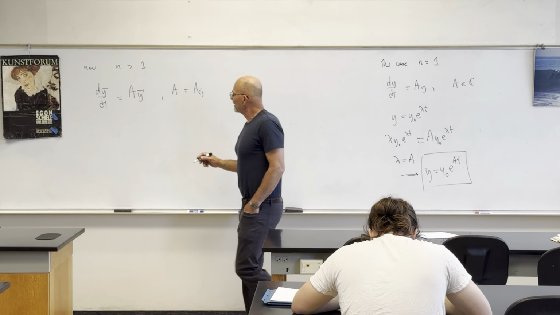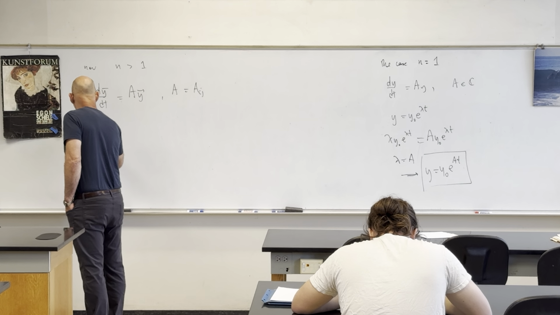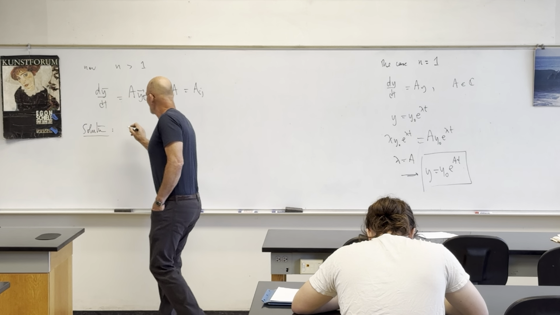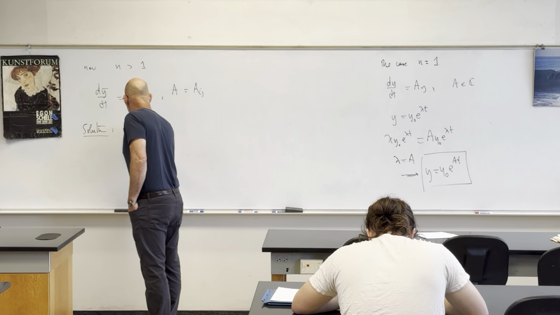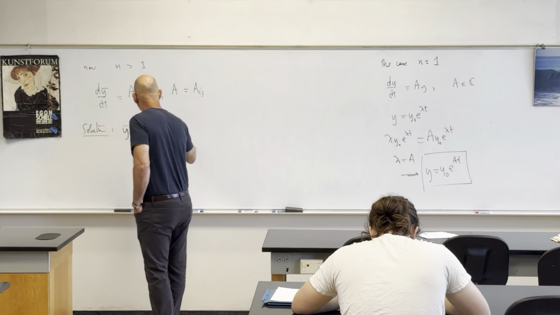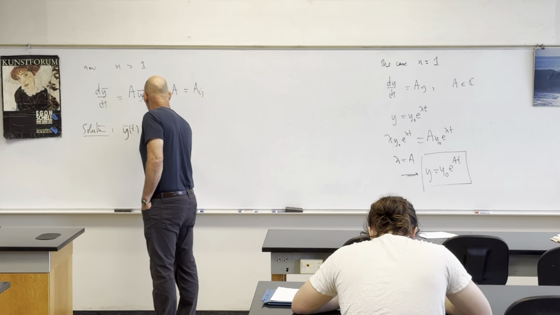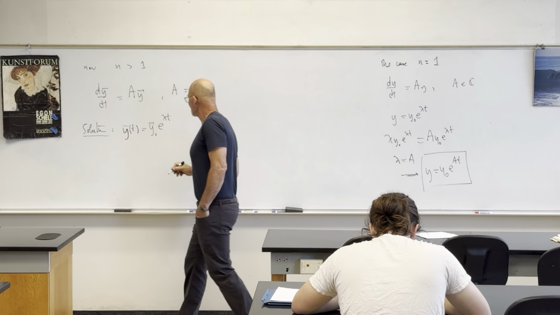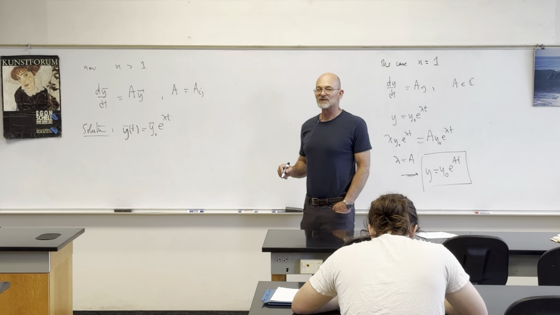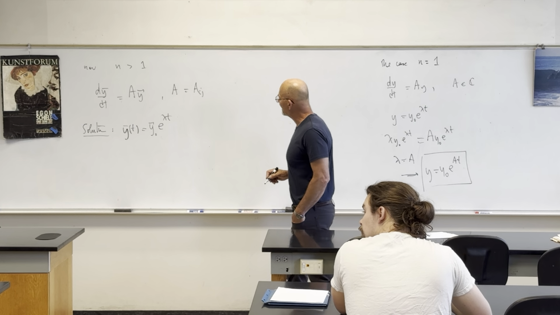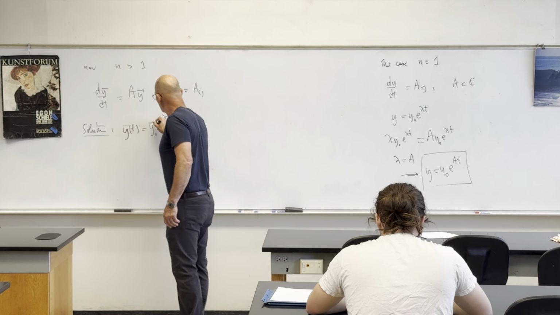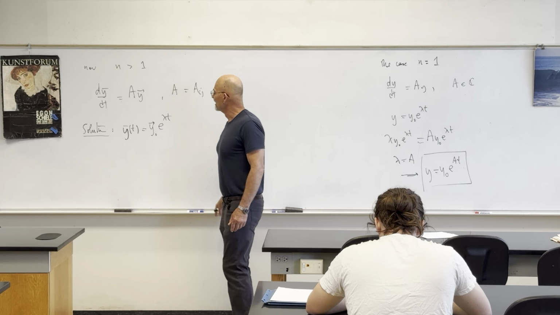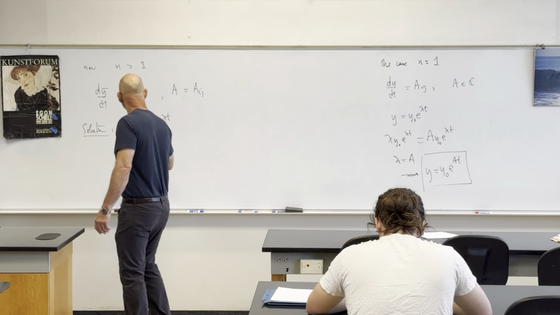So the solution is going to be y of t equals vector y sub 0 e to the lambda t. And we have to see how the linear algebra plays out on this one now. So we're just going to take this as a trial solution and write the solution as a vector e to the lambda t, and we take this into this differential equation.